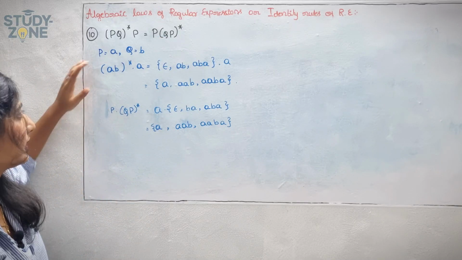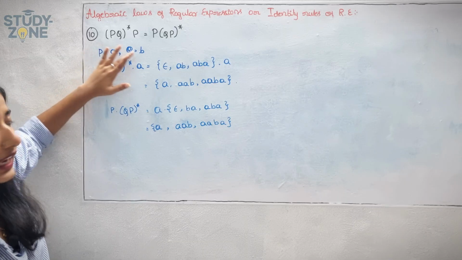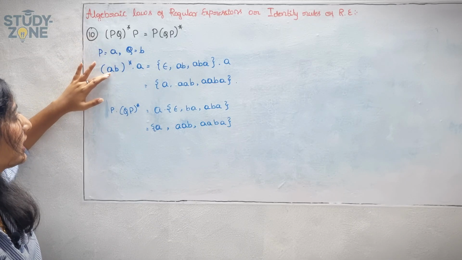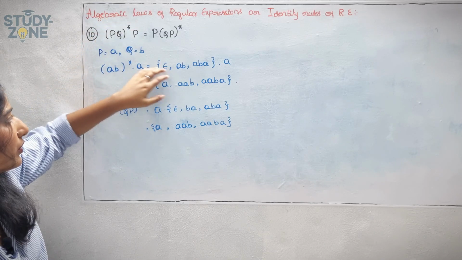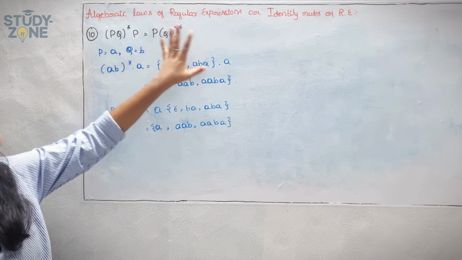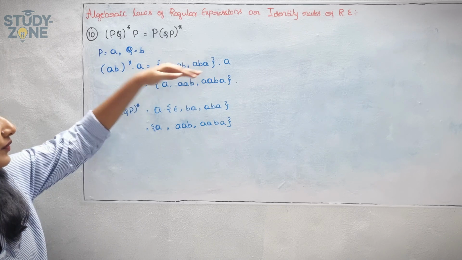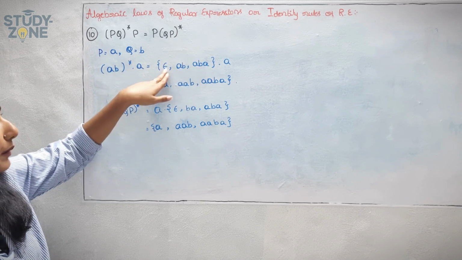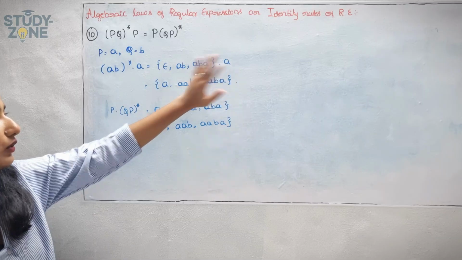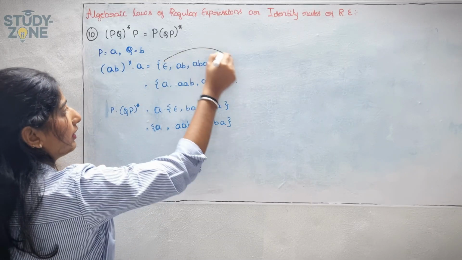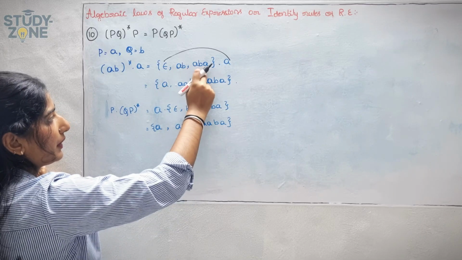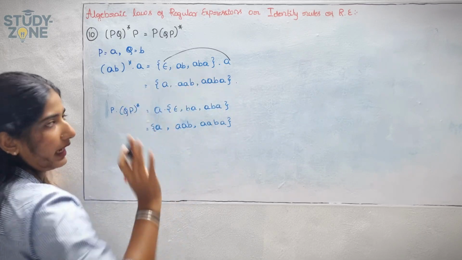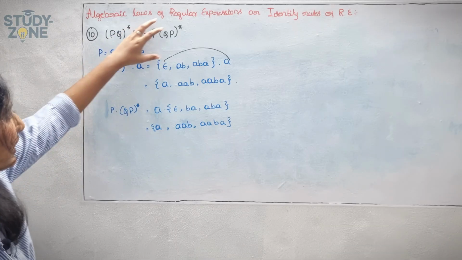To solve this, let's take P as A and Q as B. That is (AB) star into A. This will be equal to 0 or more occurrence; I took some random combination. Epsilon A into A. So epsilon into A will be A, AB into A will be A. Done.